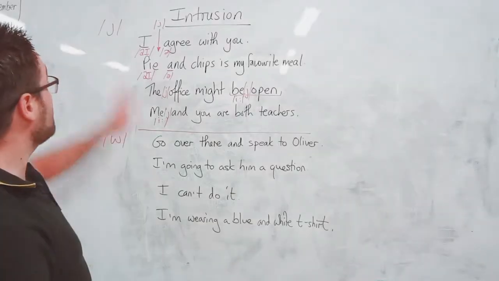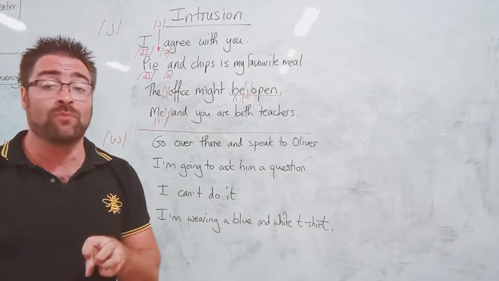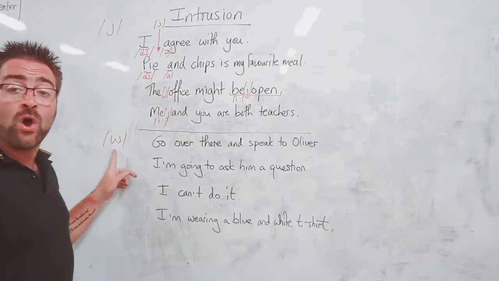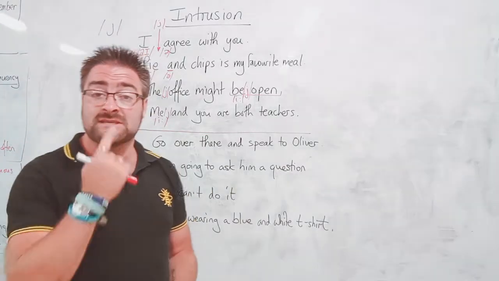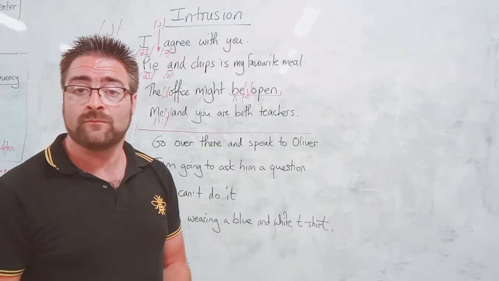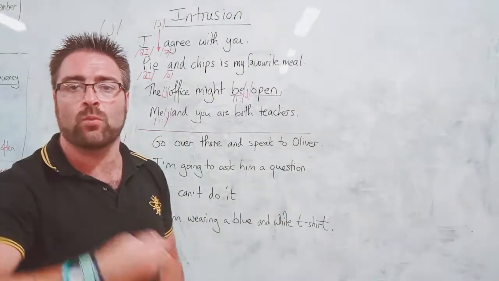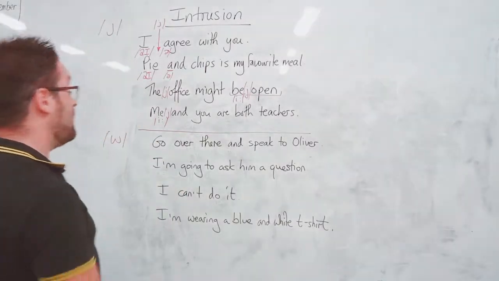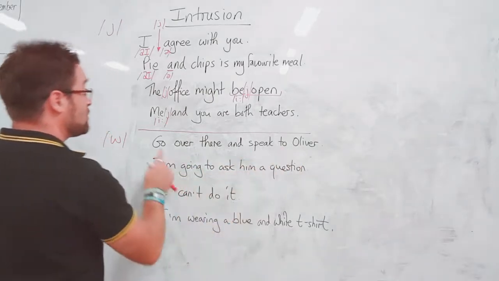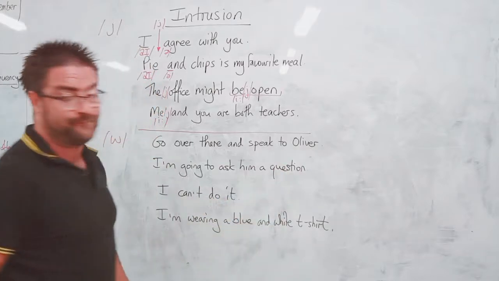Now that's not the only sound that jumps into the middle of words. I've picked out one more, and that is the W sound. Now, to make this sound, you just put your mouth together, W, and it's almost like you open it and you release the sound, W. Here we've got a sentence: go over there and speak to Oliver.